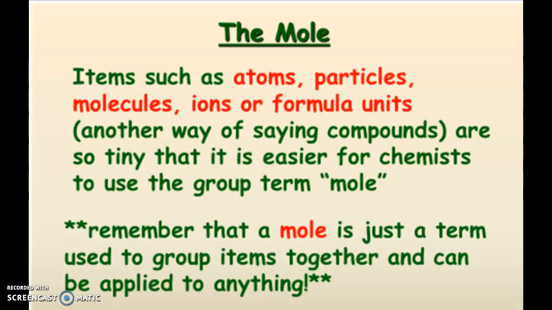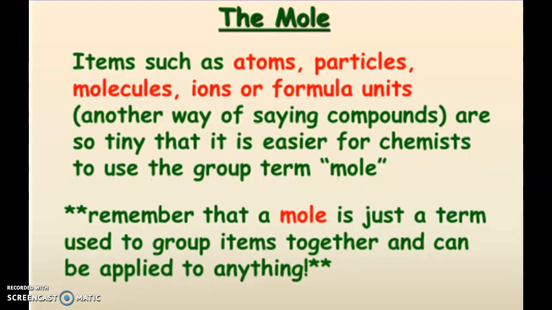Okay? So what can we use the mole for? Well, the answer is anything. Just like you can use the word dozen for anything, I can say a dozen eggs, a dozen roses, a dozen donuts, a dozen whatever. The mole can be used also for whatever. Now, what do we usually use it for?